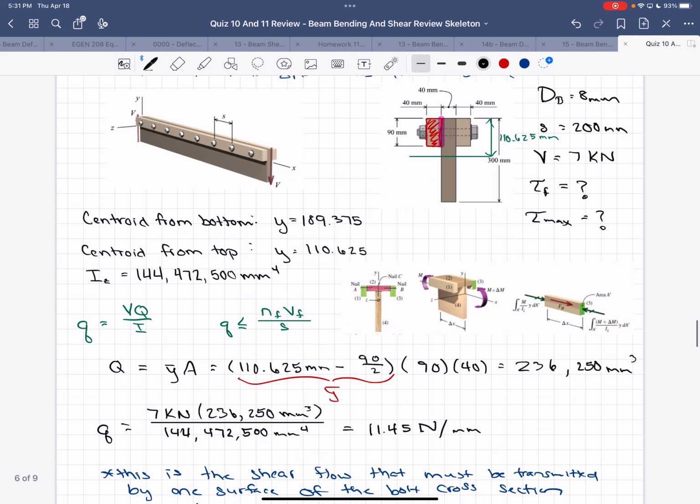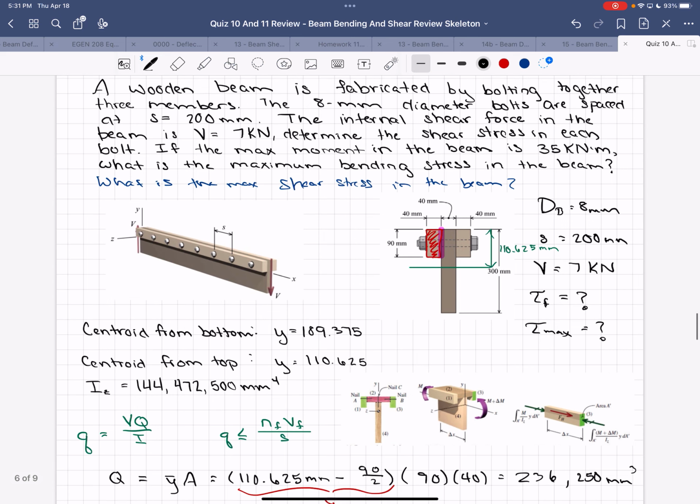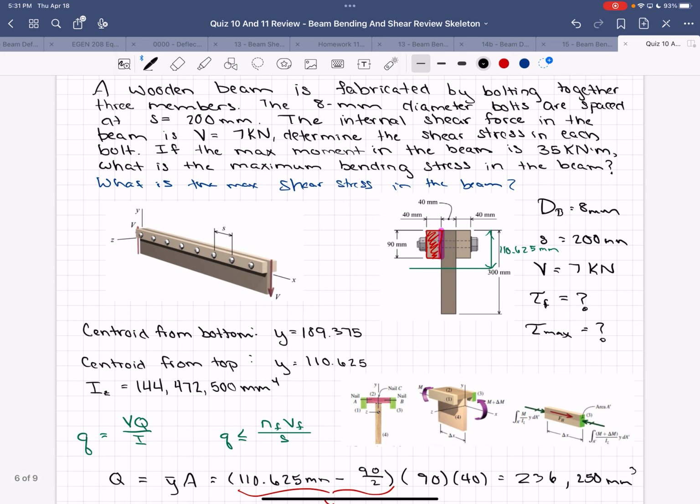Okay, then what I've become fond of doing on these problems is asking what is the maximum shear stress in this same situation. So then what do you do? What equation do you use for that? The other one. Good job. So you would have your equation sheet. So we really only have 3 equations for this quiz, right?